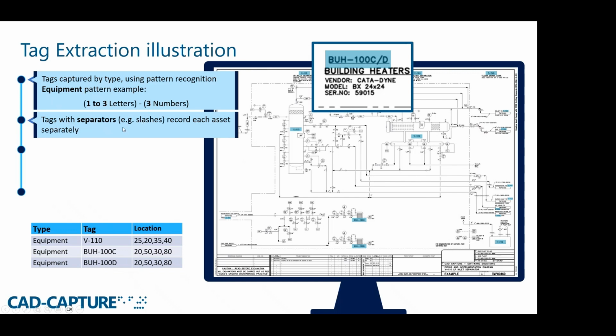BUH-100C/D is an abbreviation for both a record of C and a record of D. In the database, we have a line item for each of those: BUH-100C, BUH-100D. So this abbreviation saves space on the page, and this means that you have a line item, so you can have dedicated access to that information.